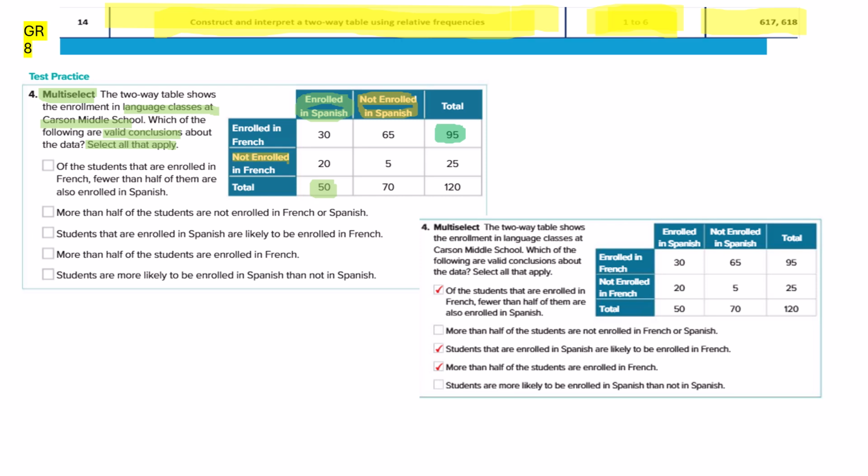And you would get this number here. And they also told us that enrolled in Spanish and enrolled in French means 30 students do French and 30 students do Spanish. And thereafter you can fill in all the missing numbers.